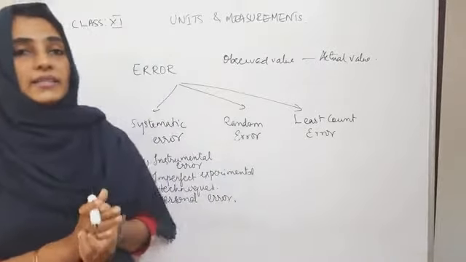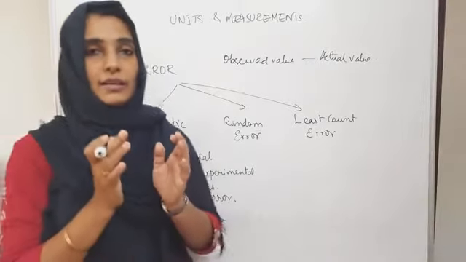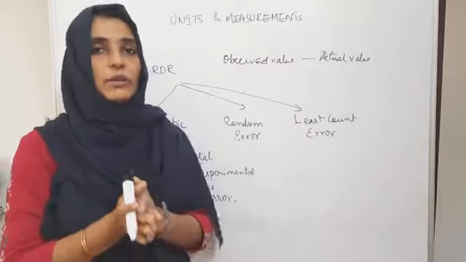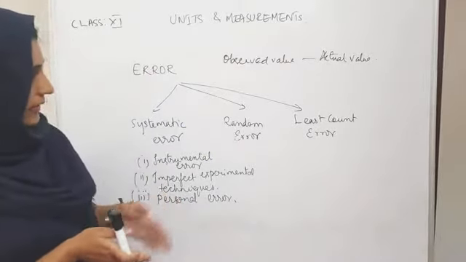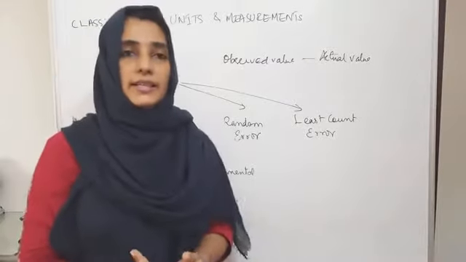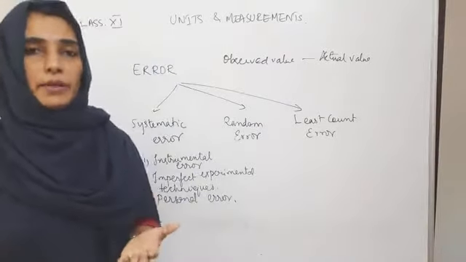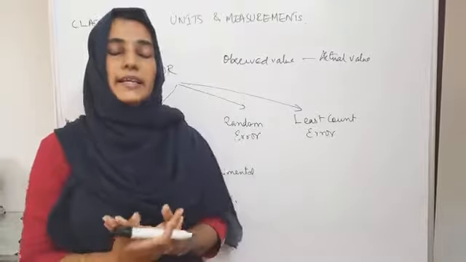Personal error arises due to a person's or individual bias or negligence, or you can say the way in which he is approaching the experiment, or how he is setting up the apparatus.